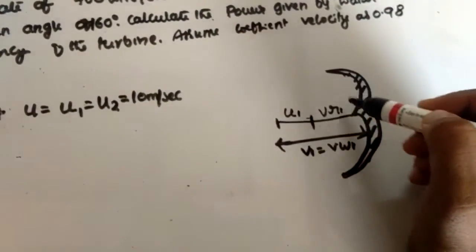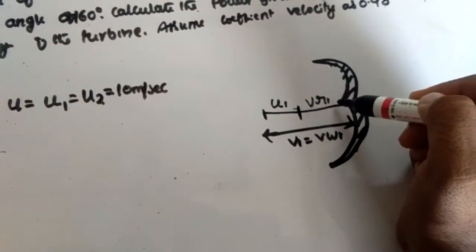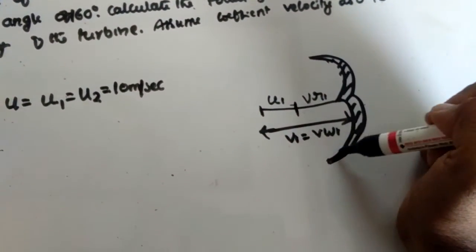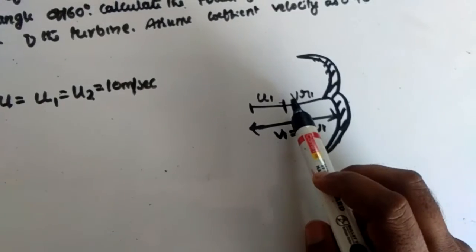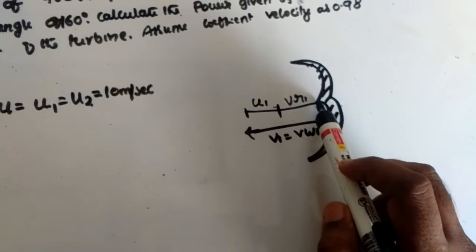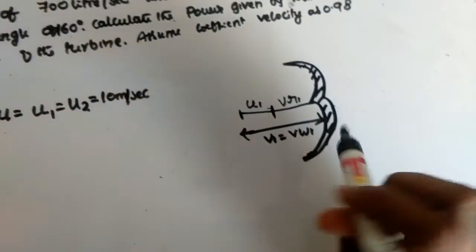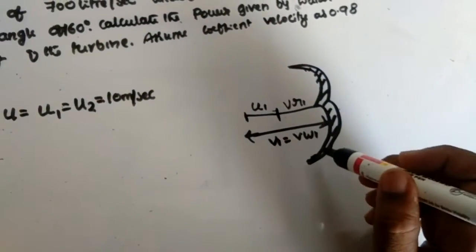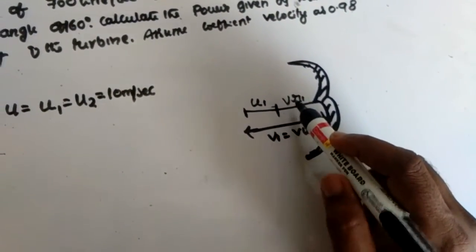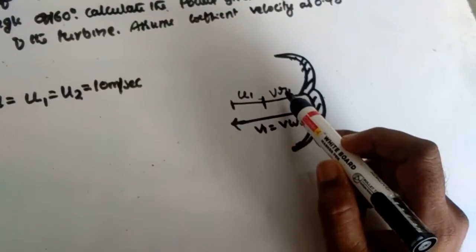When the water is distributed in this direction and this direction, the jet strikes this side, so for that reason there is no inlet diagram. If the jet strikes in the tangential direction, then an inlet diagram will come, with velocity components and relative velocity components.